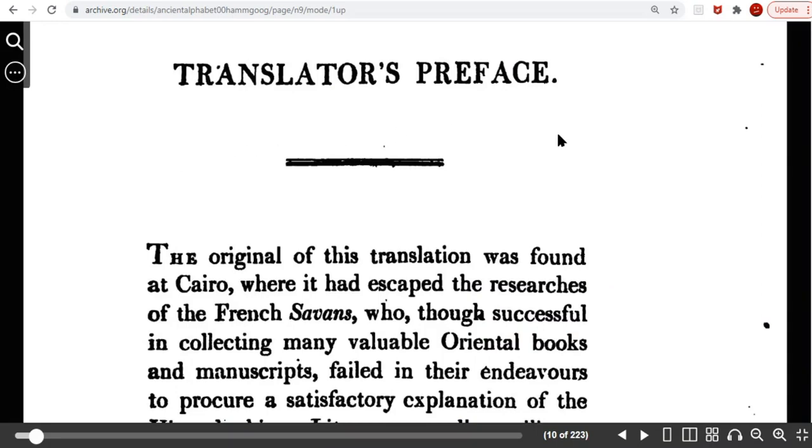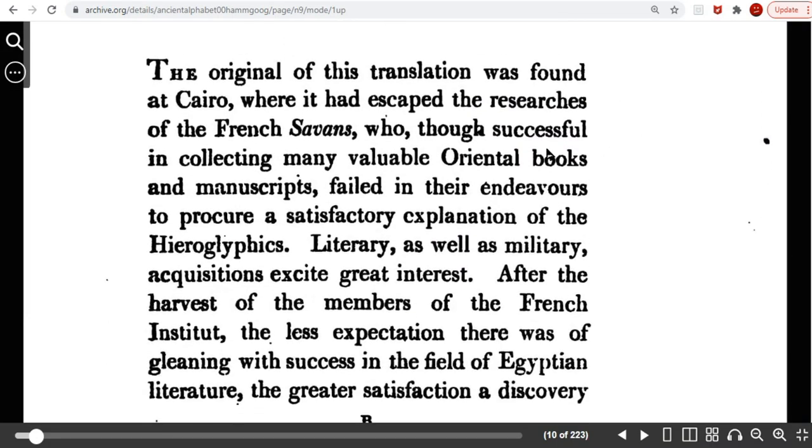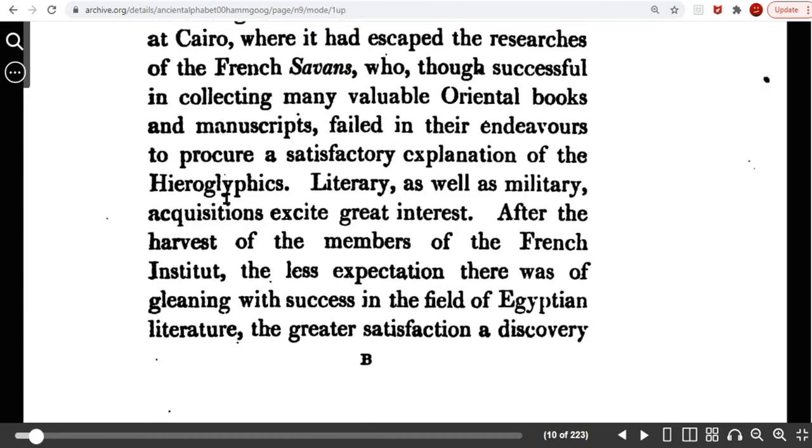So make sure you read all the preface in this book. But this is the translator's preface. It says the original of this translation was found at Cairo, where it escaped the reaches of the French savants. French savants, that's big heads. Who, though successful in collecting many valuable Oriental books and manuscripts, failed in their endeavors to produce a satisfactory explanation of the hieroglyphics.